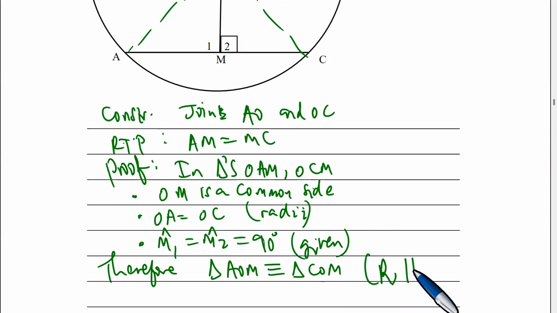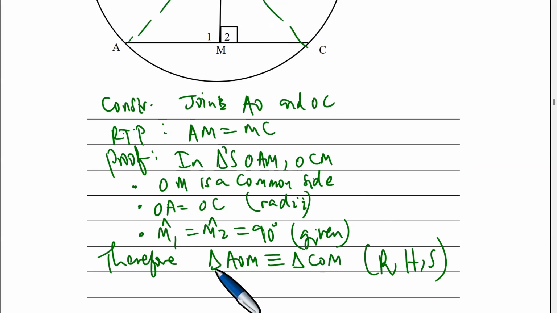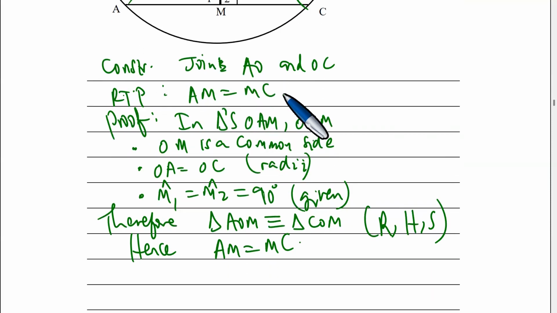Because of the right angle, hypotenuse, and side. Because of these, we can therefore say, hence, AM is equal to MC.